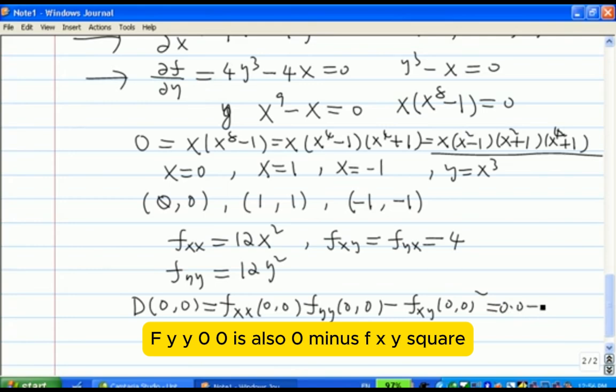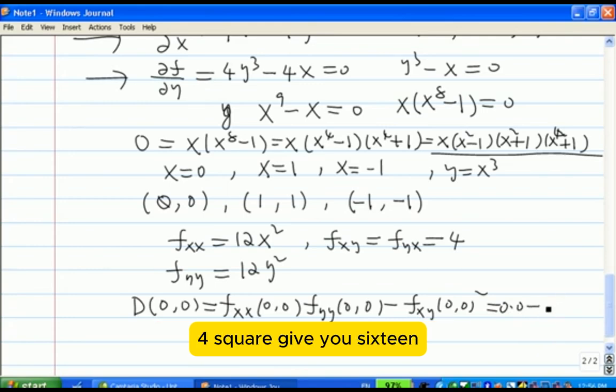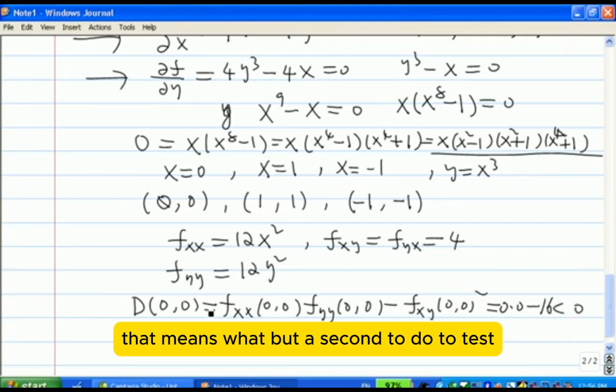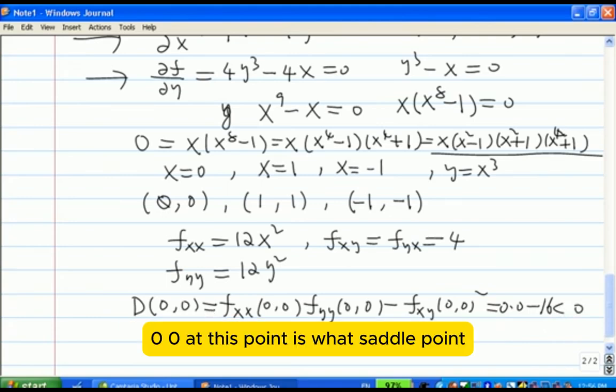Minus fxy squared, 4 squared gives you 16, which is negative. That means what? By the second derivative test, (0,0) at this point is what? Saddle point.